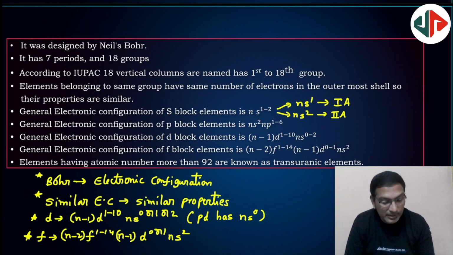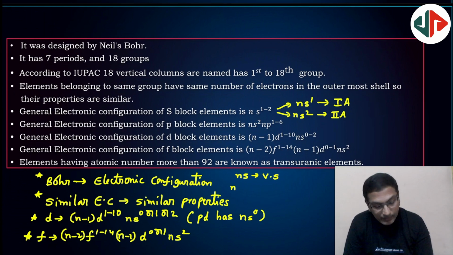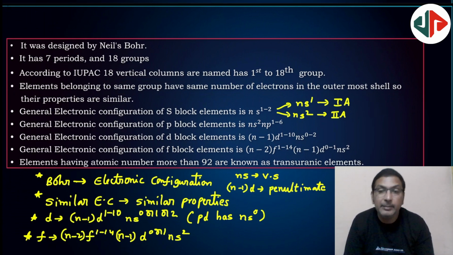Next here, most important point is ns. What is ns? ns is valence shell or ultimate shell. (n-1)d is penultimate shell. (n-2)f is anti-penultimate shell.